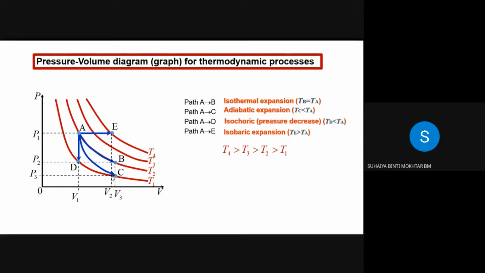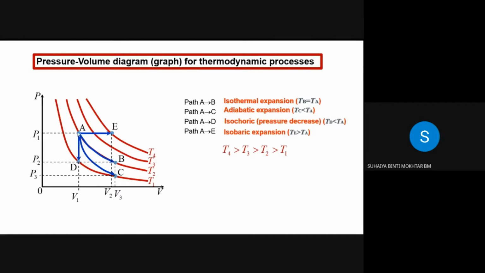Then temperature here, TA is greater than TC. Just look at the arrow: initial point A and final point C. Then AD is constant volume, volume equals V1. Constant volume is isochoric or isovolumetric.